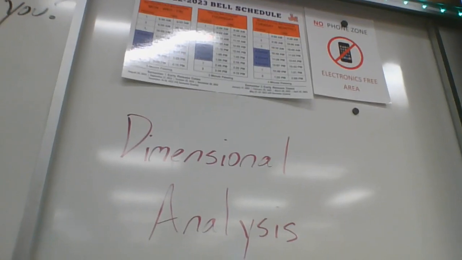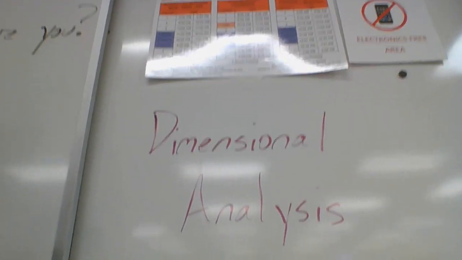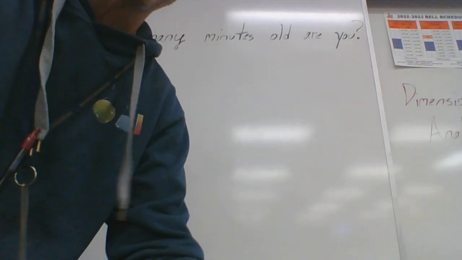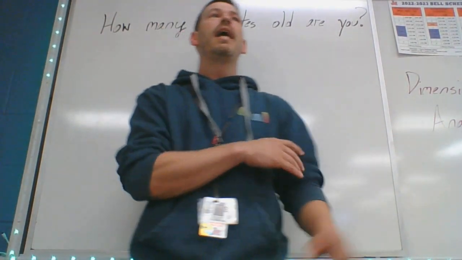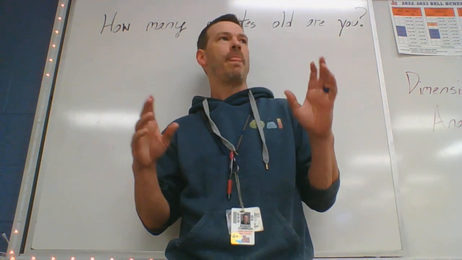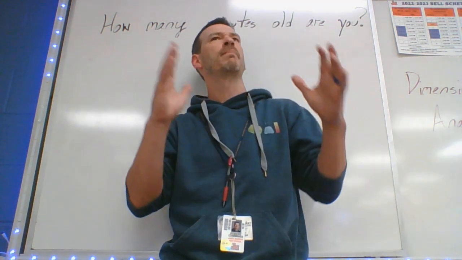It's called dimensional analysis. Go ahead and have your spiral out still. The process that I need you to learn how to do to solve long conversions is dimensional analysis. And I'm about to go through the steps on how I would solve this very systematically.